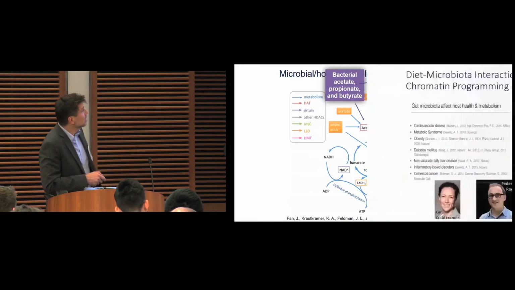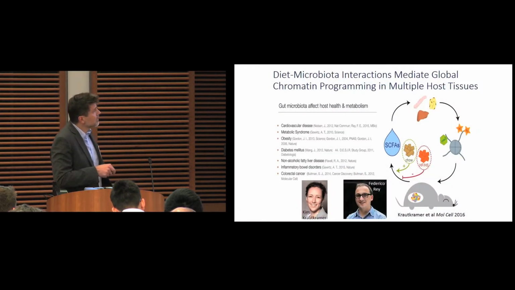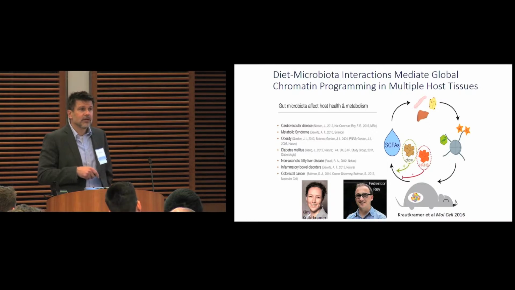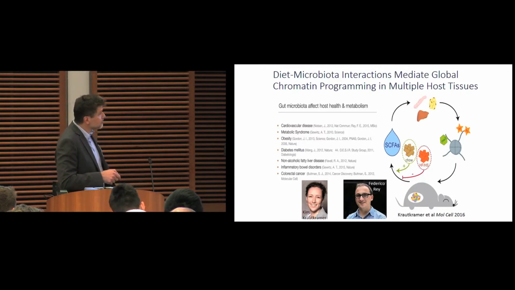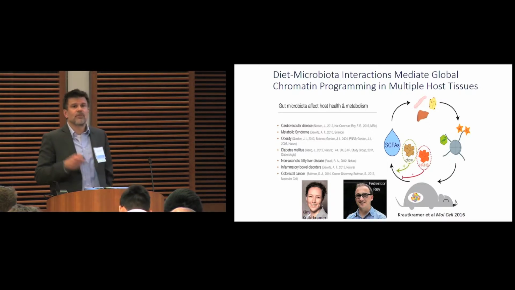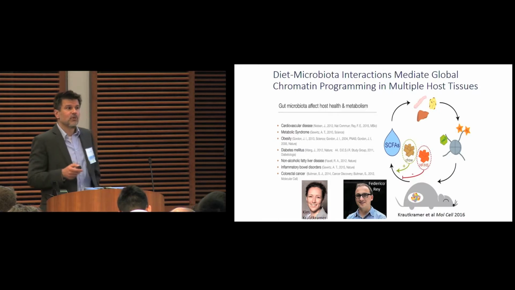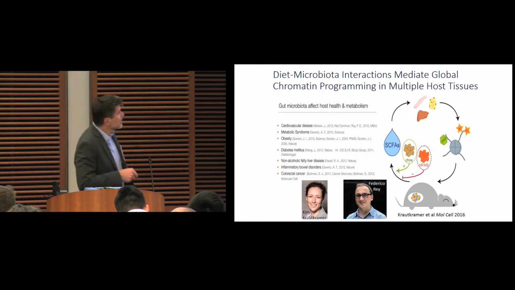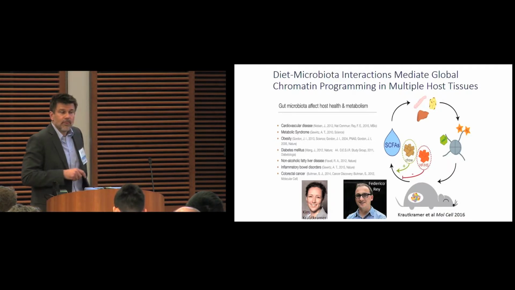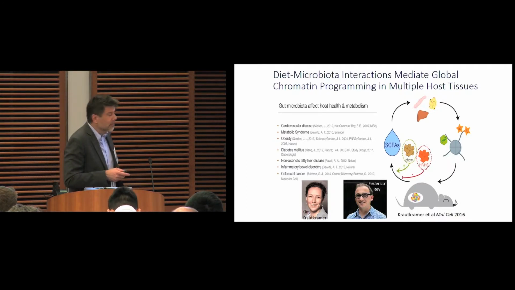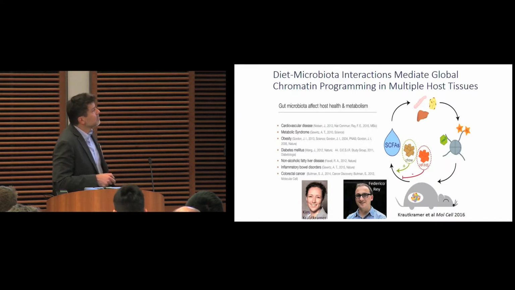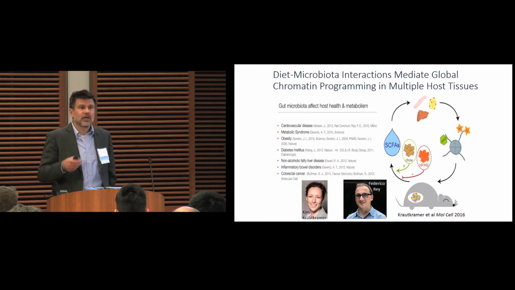So fairly recently, a couple of years ago, we collaborated with Federico Rey, a bacteriologist here on campus, to study the effects of the microbiome on the epigenome of the host. This work from my group was primarily done by Kim Krautkramer, an MD PhD student from here. And what we determined is, in fact, diet matters, and the fact whether or not the mice are colonized.